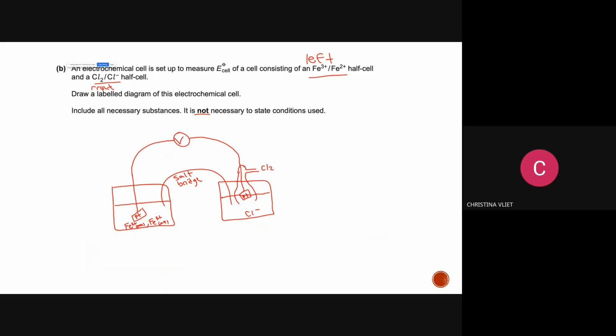What are we still missing? They said you did not have to include the plus and minus. I would put gas here. I would put aq here. We don't know which side is the plus side and which is the minus side because we don't have the E values technically.